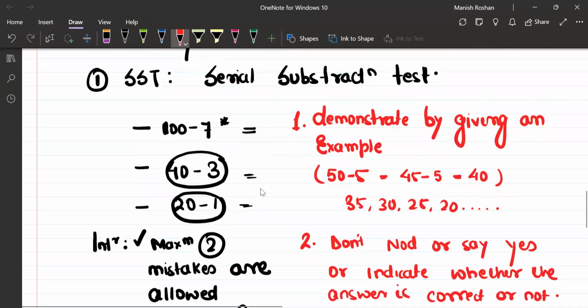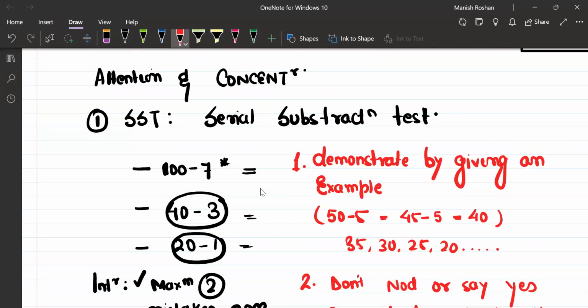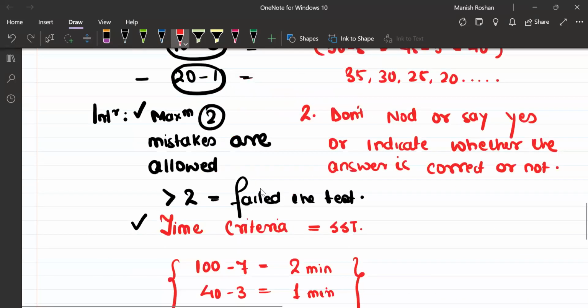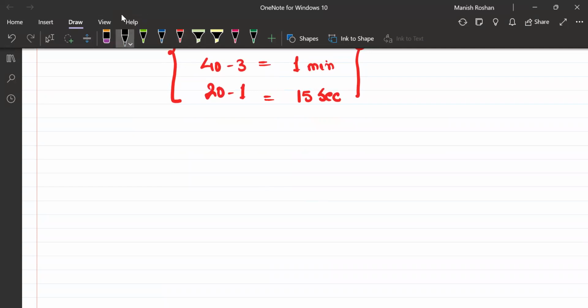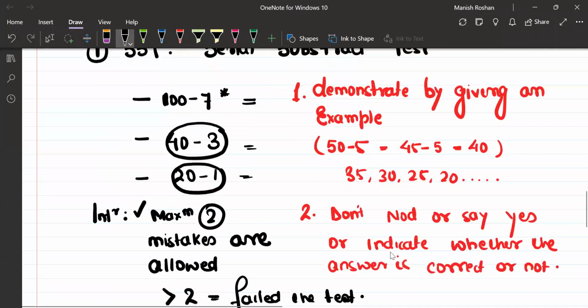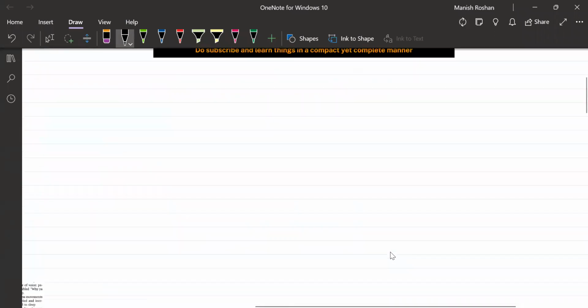Fine. So let's look into the other tests in attention and concentration. The second test in this list is the digit forward and the digit backward test. With an example that has already been given in the slide, I will be demonstrating the particular test.